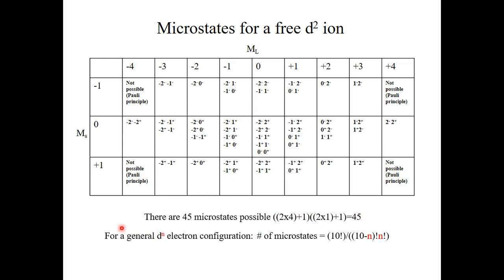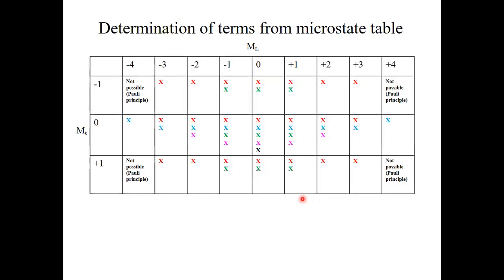So in general, for a dn electron configuration, the number of microstates is given by this formula here.